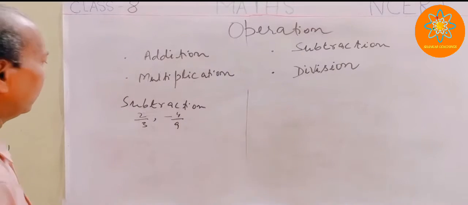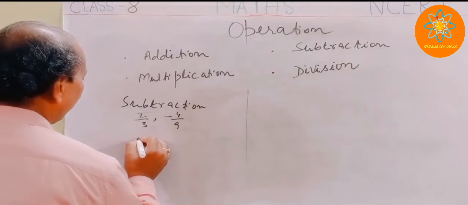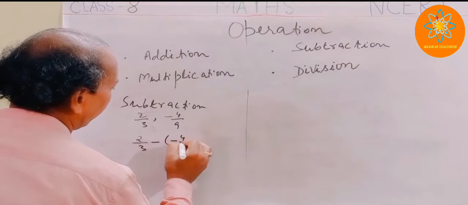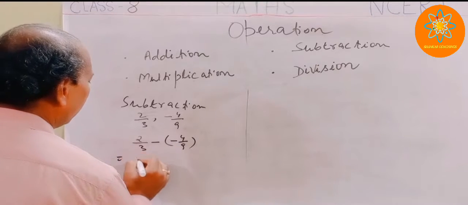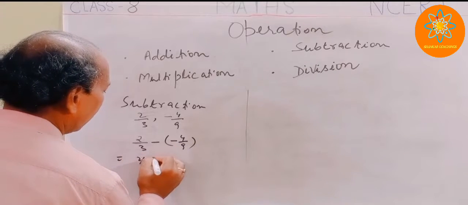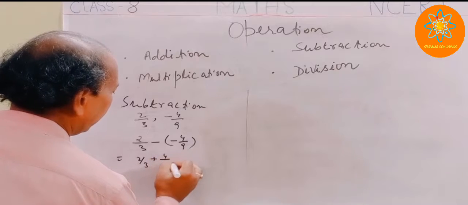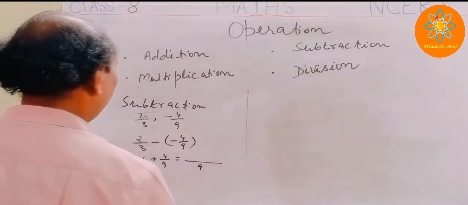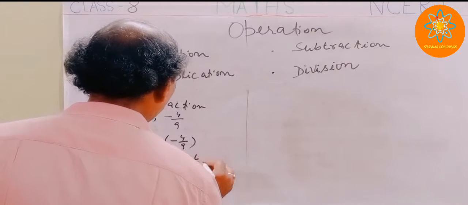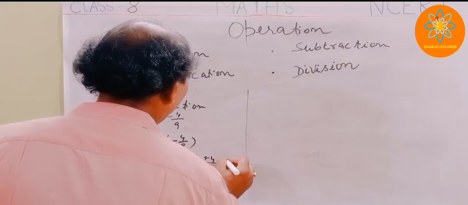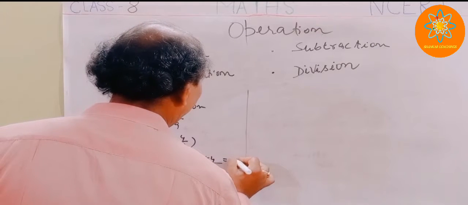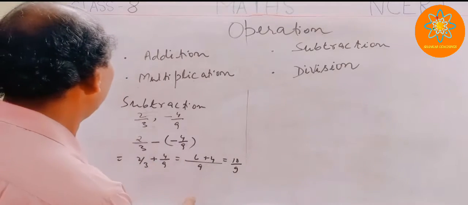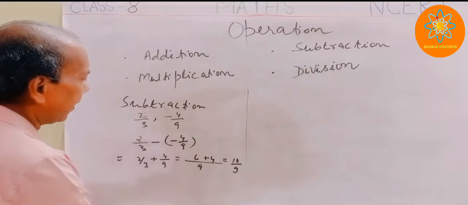Very simple: 2 by 3 minus 4 by 9 is equal to 2 by 3 plus 4 by 9. Taking 9 as the denominator, this is 6 plus 4, that is 10 by 9.